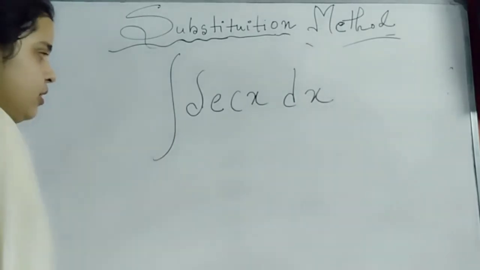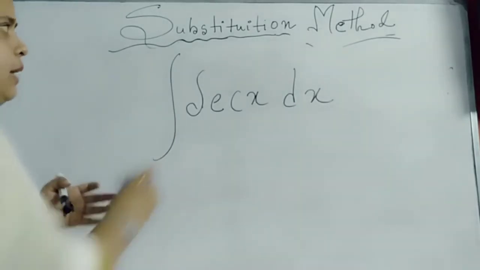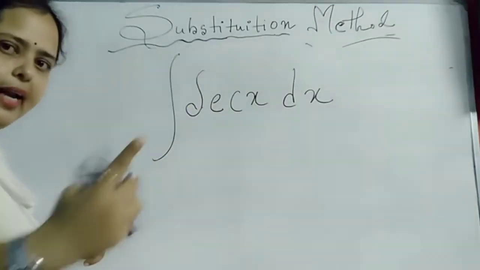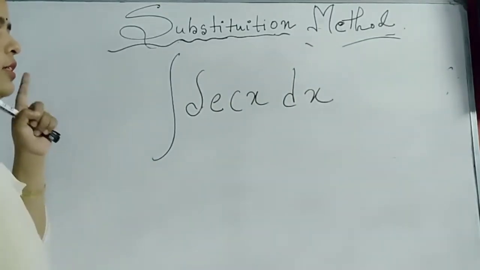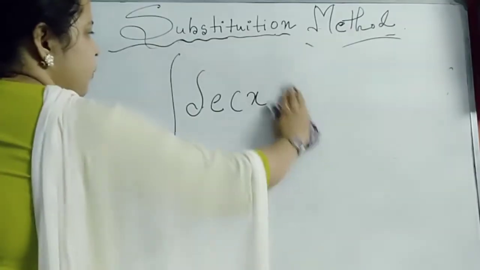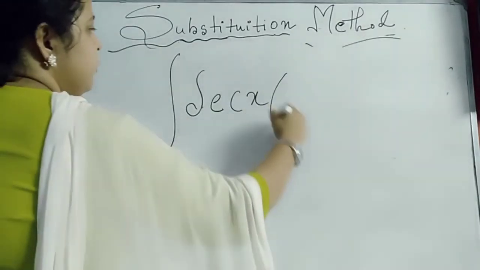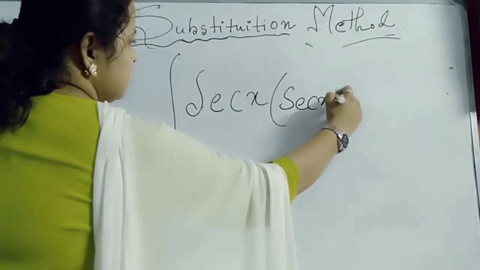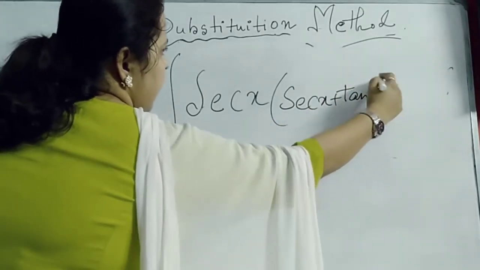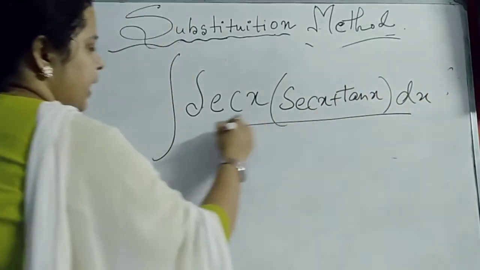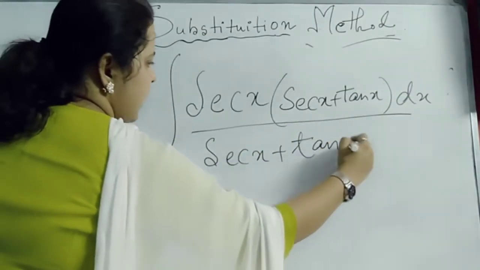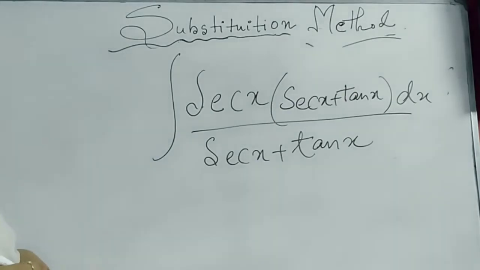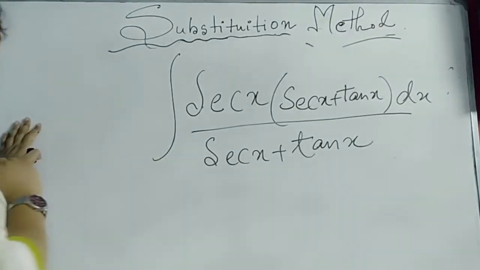And here also we are going to take the help of the substitution method, but later on. Before that, let me tell you one more small technique to do it. I am going to multiply the numerator and the denominator by a factor, as you can see, sec x plus tan x. Now how is it going to help me?